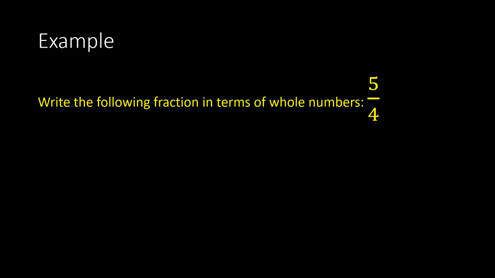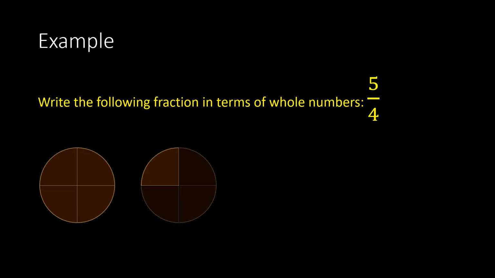We will now look at an example of a fraction in which the numerator is greater than the denominator. Let's take a look at 5/4. As you can see, this is 4 pieces out of 4 plus 1 piece out of 4.